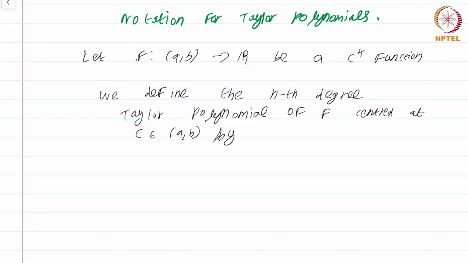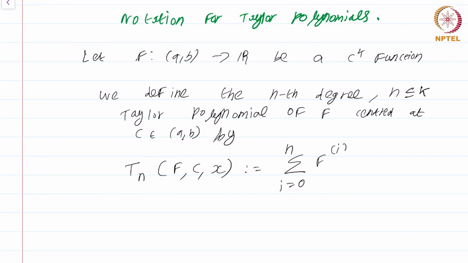I must mention, nth degree, n less than or equal to k, of course, by T_n of (f, c, x) to be, by definition, equal to the summation i equals 0 to n of the ith derivative of f at the point c, divided by i factorial, into (x minus c) the whole power i.